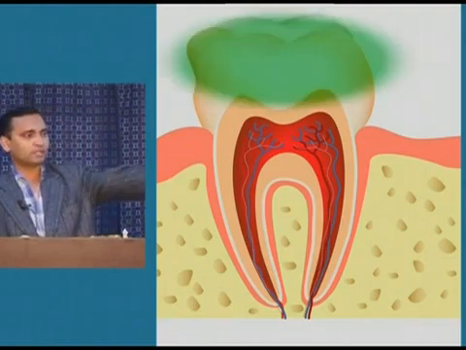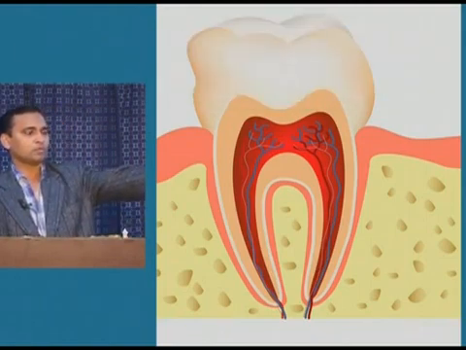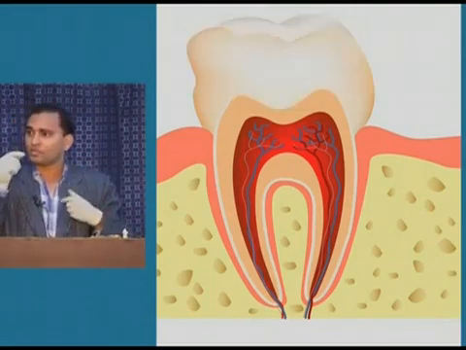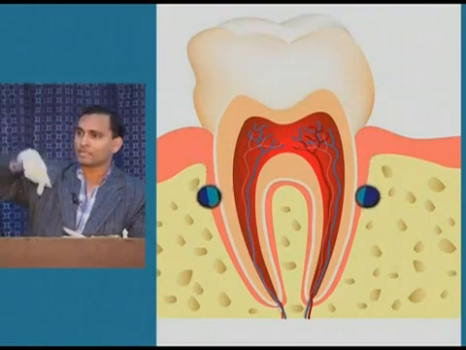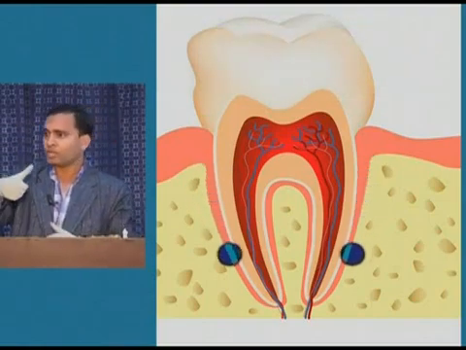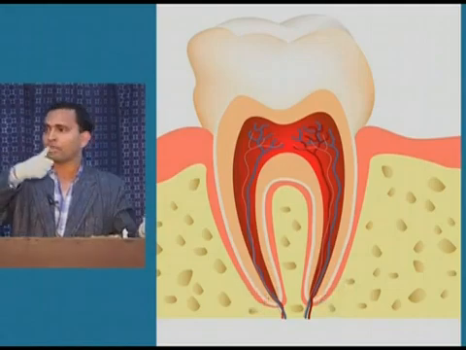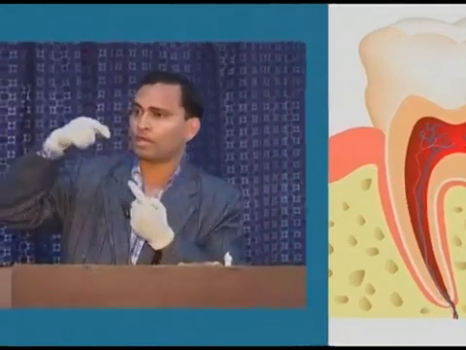If you can see here in the diagram, whatever we see of the tooth is a very small portion. The maximum amount of dentine is inserted within the socket. If you extract a tooth, you can see more dentine is inside the gum and less is visible on top.